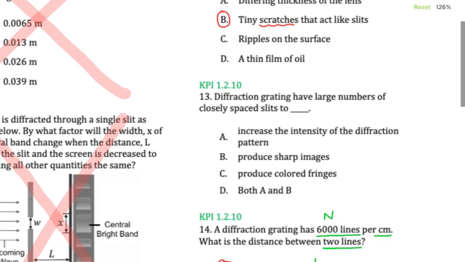A diffraction grating has a large number of closely spaced slits to do what? To increase the intensity of the diffraction, to produce sharp images, to produce colored fringes? No. So actually A and B are correct.